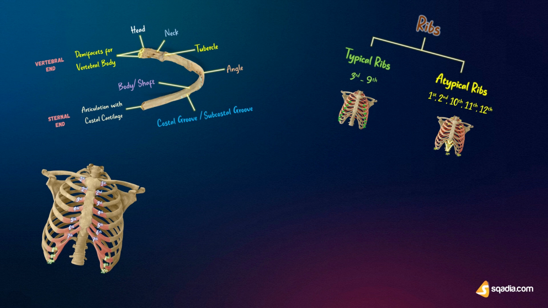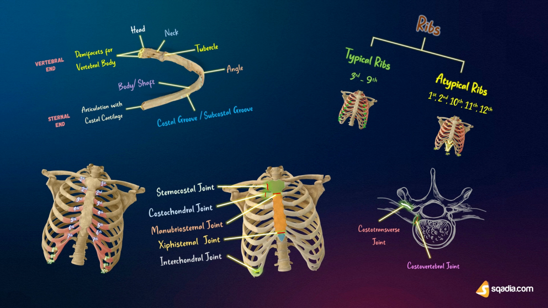Now, joints of the thoracic cage include the one between the manubrium and the body of sternum, the manubriosternal joint, then the xiphisternal joint between the body of sternum and xiphoid process, costochondral between costal cartilages and ribs, interchondral in between the costal cartilages themselves, costovertebral between the body of the vertebra and the rib, and costotransverse between the rib and the transverse process of corresponding vertebra.